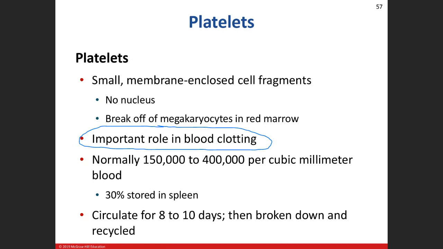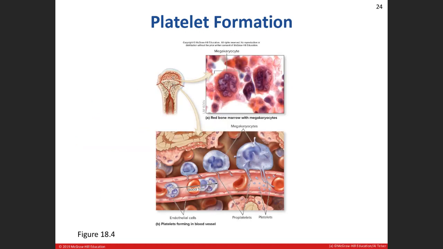Hold on, I'm going to find the picture here. I don't want to insult you guys and just draw those horrible pictures. There it is. All right, so here's what we're seeing. You can see we get this big, huge megakaryocyte.